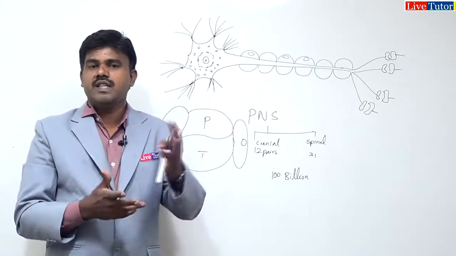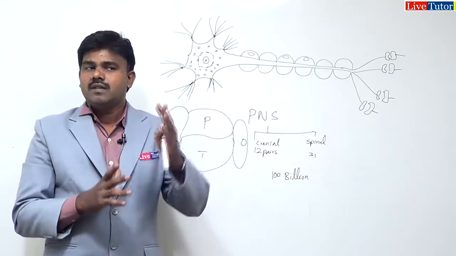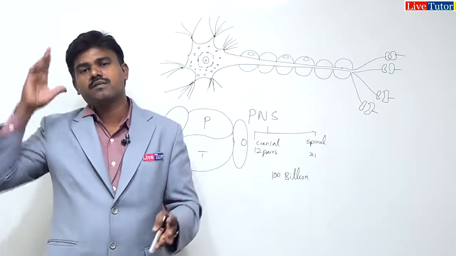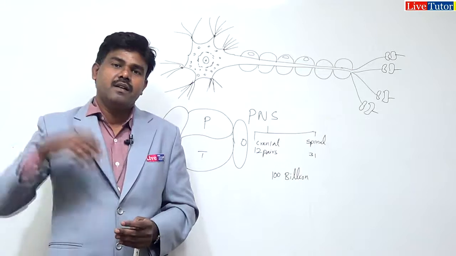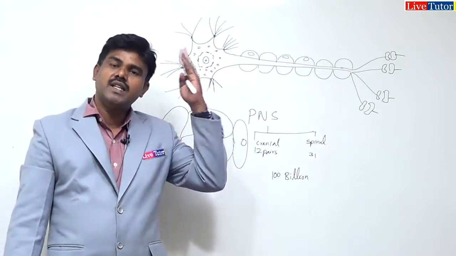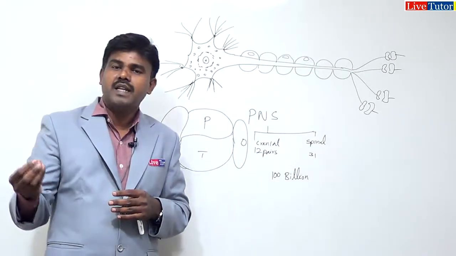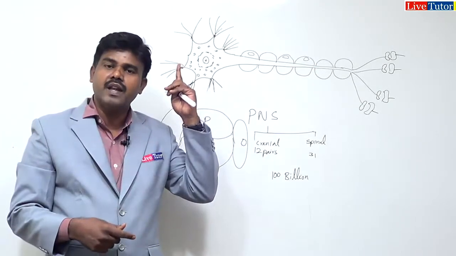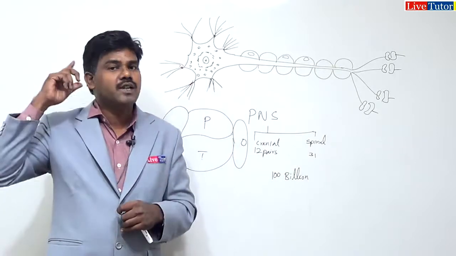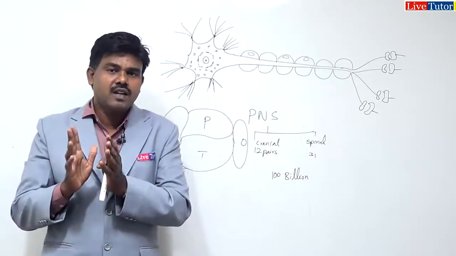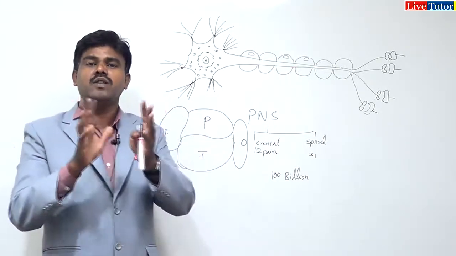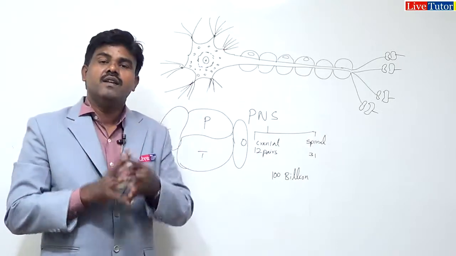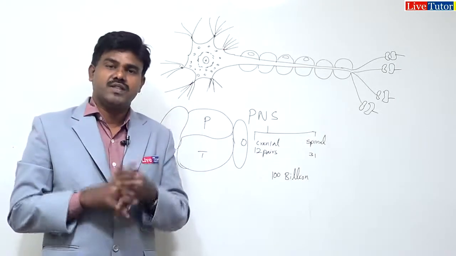Whatever is in the left part of the world is seen by the right brain, and the right part of the world is seen by the left brain, because the optic nerves are connected: the right eye is connected to the left brain, and the left eye is connected to the right brain. So right controls left, and left controls right. That is called the right and left brain concept.